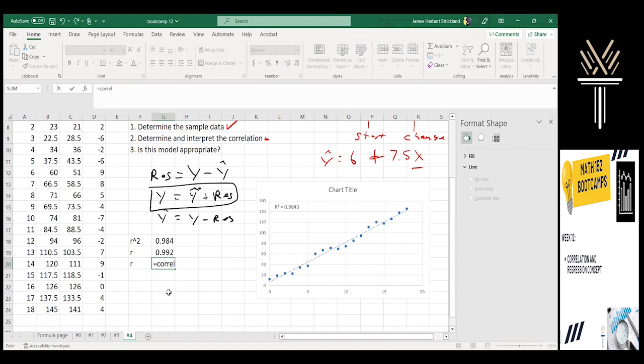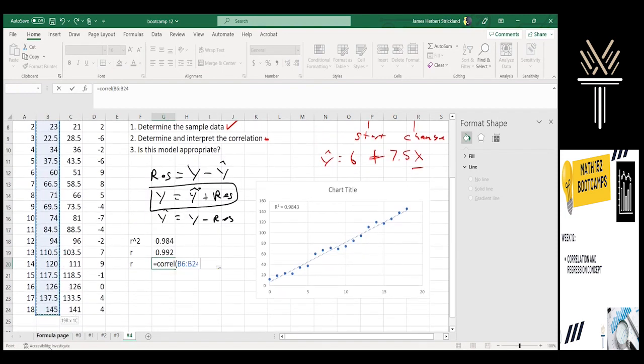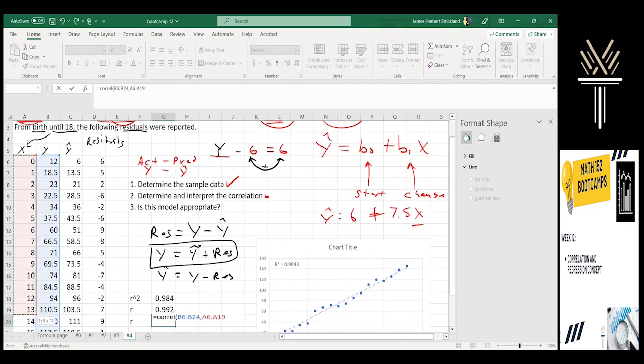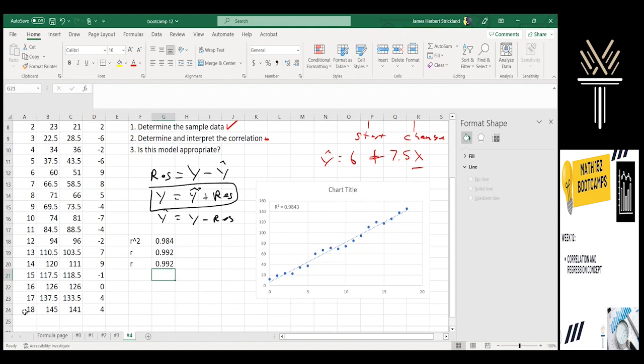We could say Correl, and y'all know I'm going to do Y's and then X's, but yes, I know you can do it in either order. It's just how I always do it. And we get the same calculation. So you have two different methods of doing it. You can take the square root of R squared, or you can just do Correl directly.